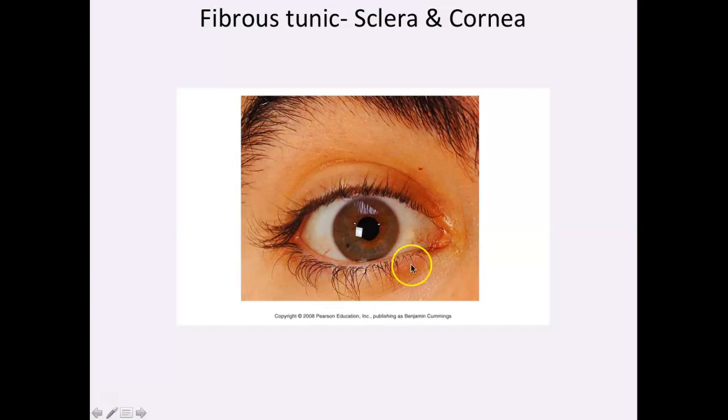So I'm using the word iris, and actually I want to correct myself. I really should say cornea, because this colored portion of your eye is actually inside your eye. On the outside, if you wear contact lenses, you would put your contact lens on your cornea. So this clear, very tough connective tissue covering of the front of your eye here, that's the cornea.